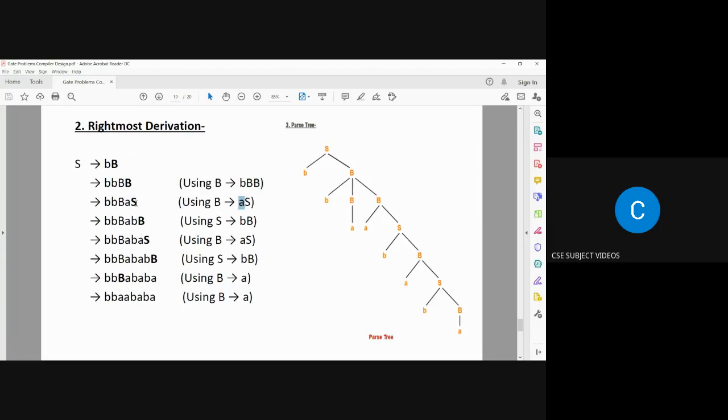Next, in this step, what is the rightmost non-terminal? S. So we have to look at this S. This S is replaced by BP according to our first production.